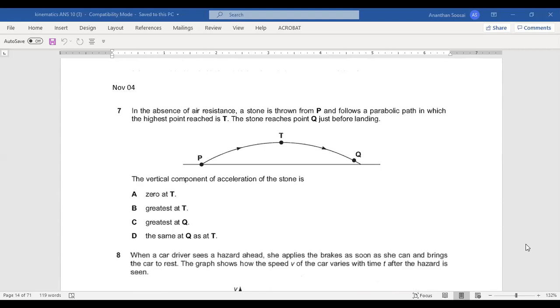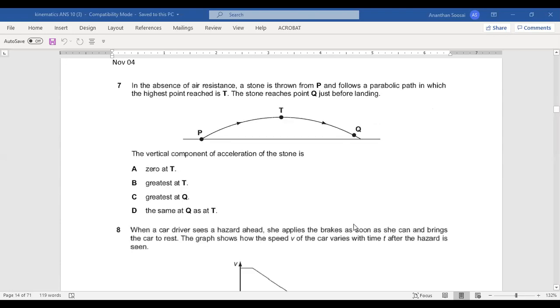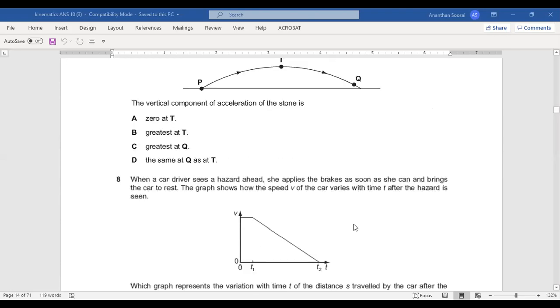They are talking about AY. AY is always negative 9.81, since we're taking upwards as positive. So of course D is the answer. They are talking about AY, right? Vertical component of acceleration. I think it shouldn't be a problem here.